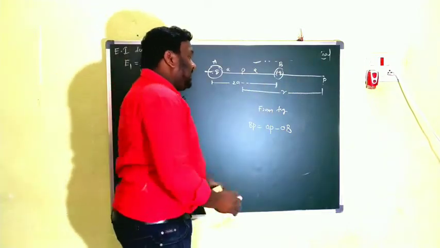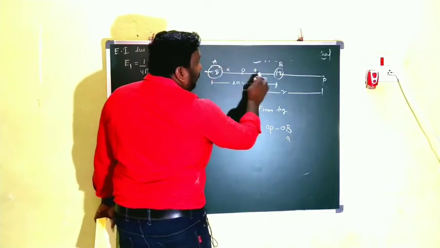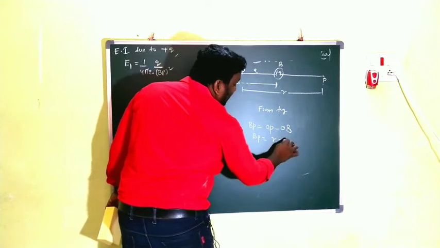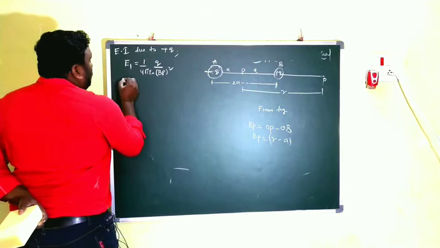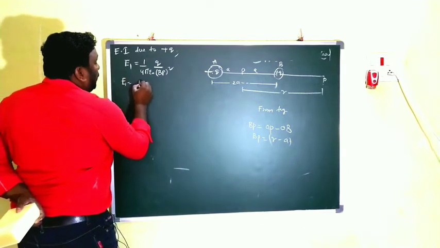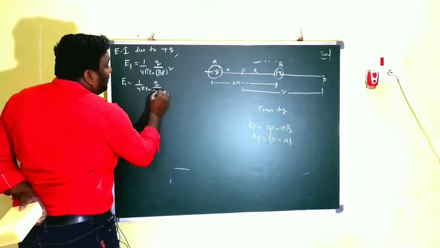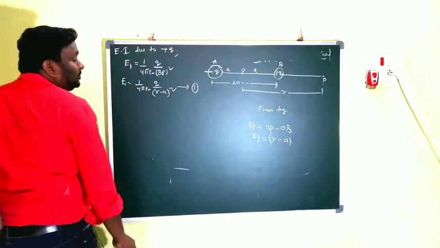Clear, children? From the figure, BP is nothing but OP minus OB. What is the value of OB? A. And what is the value of OP? R. Then BP is equal to R minus A. Clear? So I am writing now E1 is equal to 1 by 4 pi epsilon naught q by R minus A whole square. This is equation number 1.